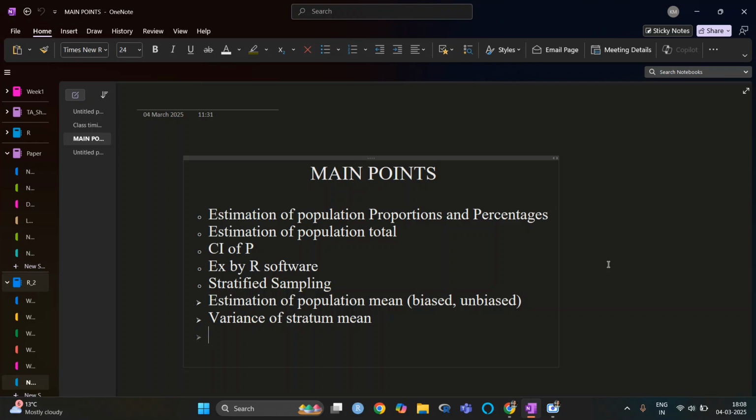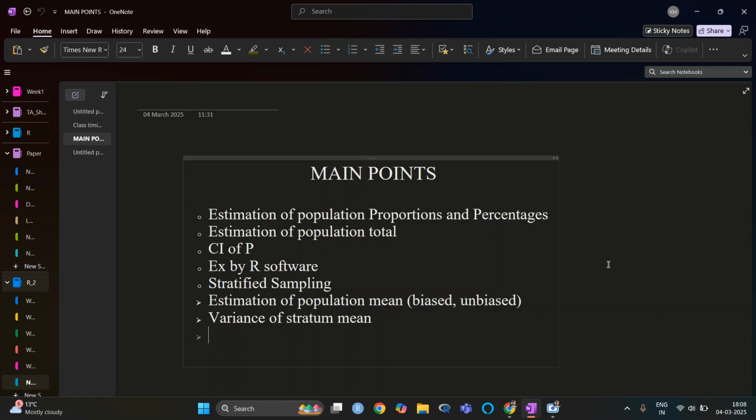Then, till now we have first done simple random sampling. Next, in the case of population proportion, we have taken two cases, one is agreeing, another is not. So basically the population is divided into two parts, and in those two parts we were taking the samples.